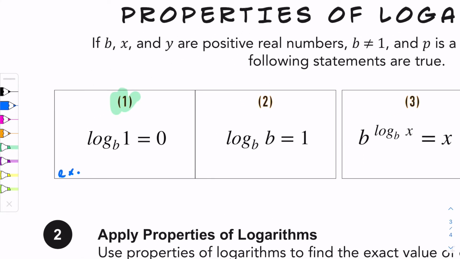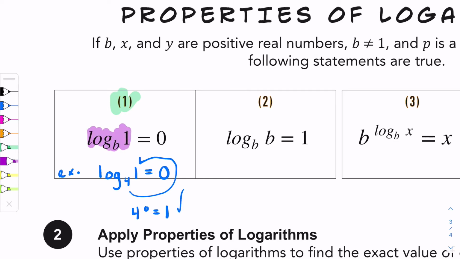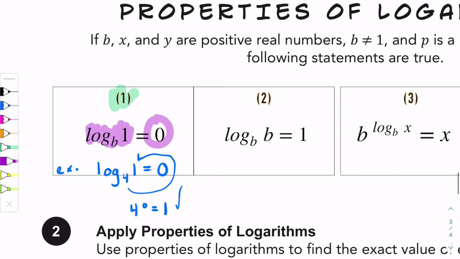An example could be log base 4 of 1 equals 0. We can check that because if we convert to exponential form, we have 4 to the power of 0. Anything to the power of 0 is 1. So if you just see a log, a base, and then a value of 1, you instantly know that the answer will be 0.